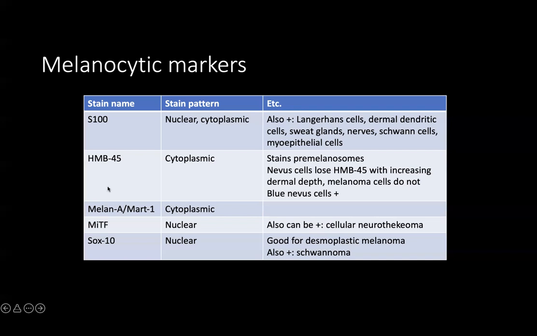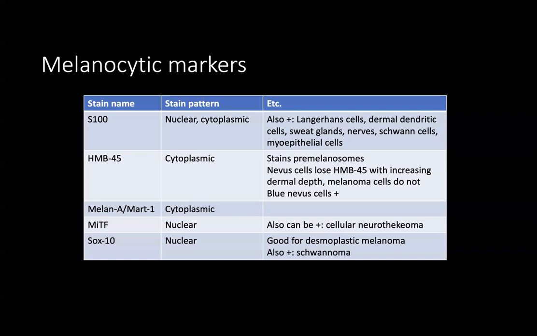HMB45 will mark cytoplasmic pre-melanosomes, so it's a good marker of junctional melanocytes, but if melanocytes deep into the nevus are expressing HMB45, that suggests more of a malignant behavior more often than not. So blue nevus cells are the exception to that.